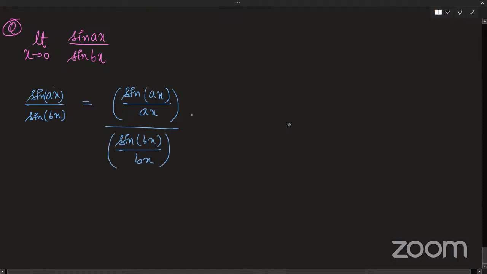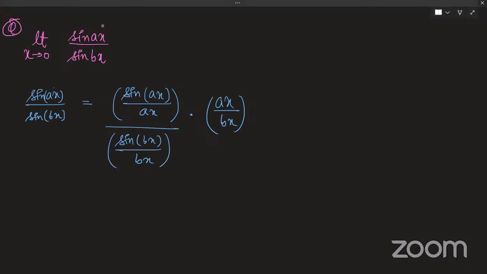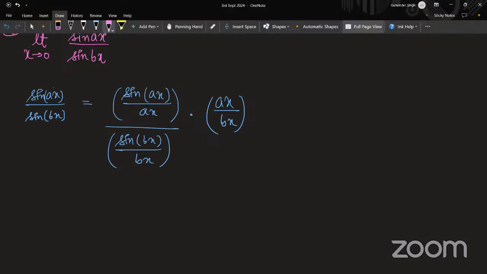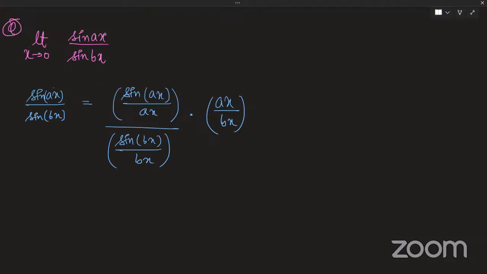And now I should also write AX by BX, because I need to cancel out this term. What is AX by BX first of all? It is A by B.